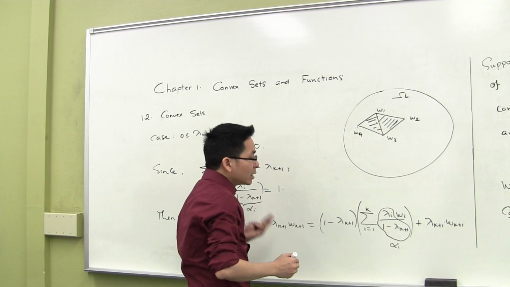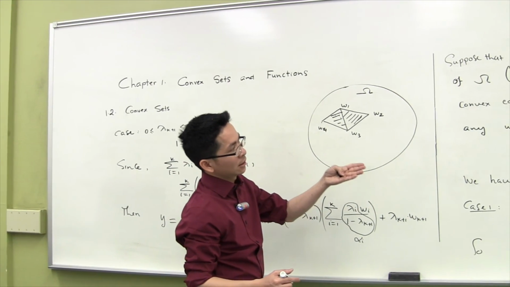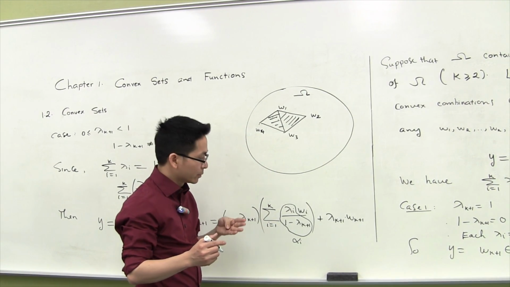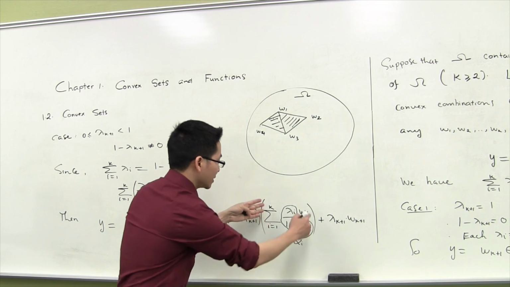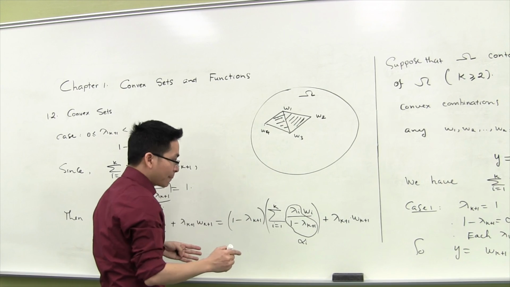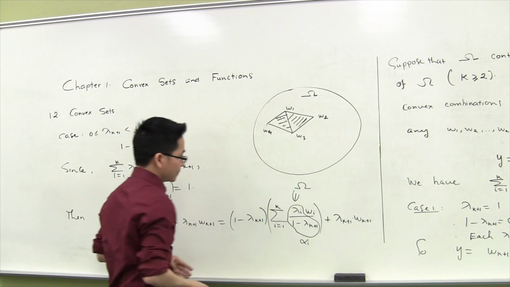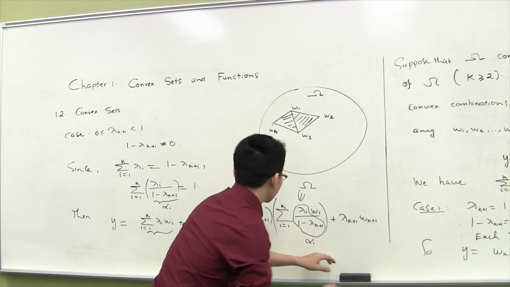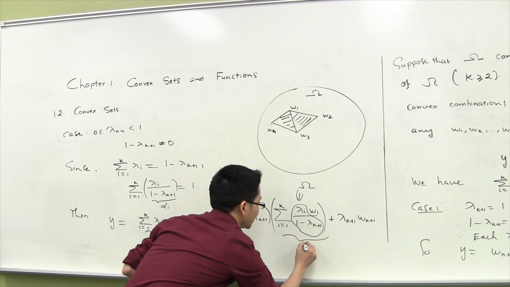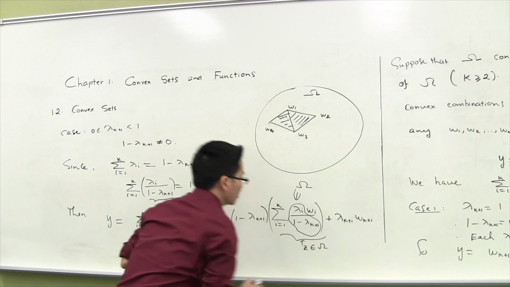And we know earlier that by the induction hypothesis, omega contains all convex combinations of k elements of omega. So this is a convex combination of k elements of omega, so this element belongs to omega. So I can denote this element by z, and we can see that z belongs to omega.